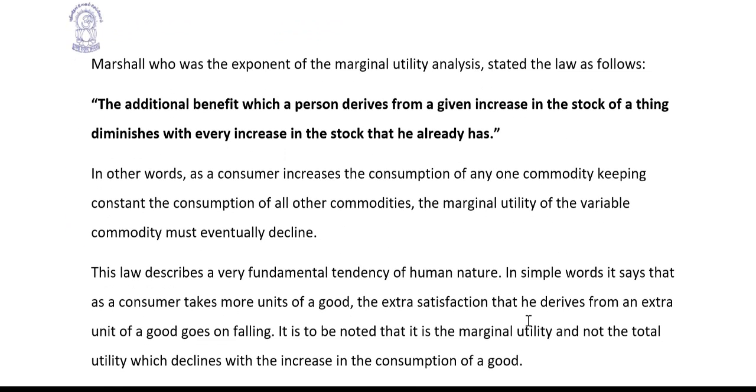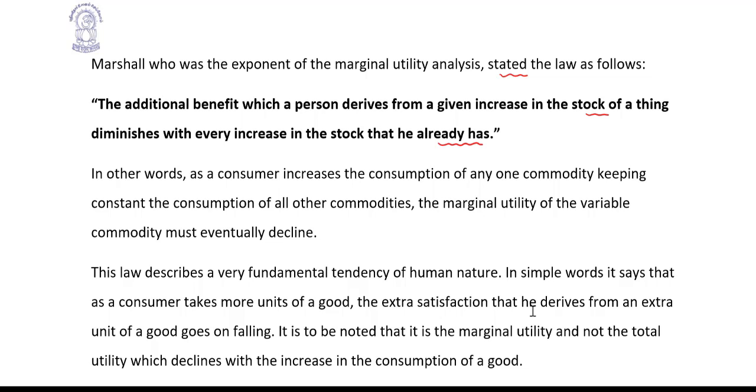So Marshall, who was the exponent of the marginal utility analysis, stated that the additional benefit that a person derives from a given increase in the stock of a thing diminishes with every increase in the stock that he already has.